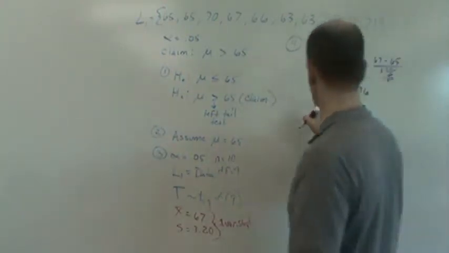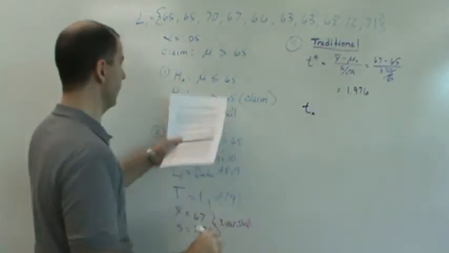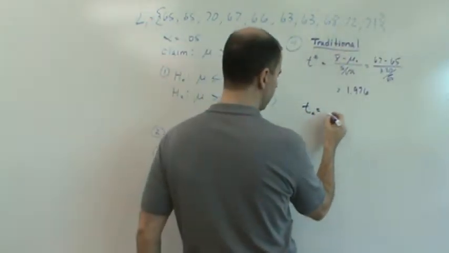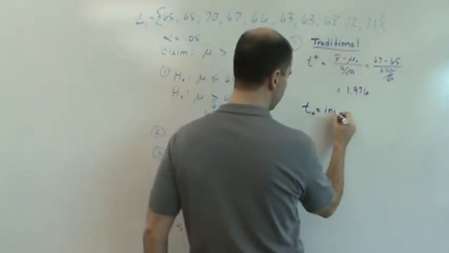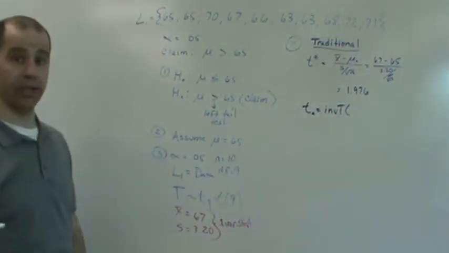Now for the traditional method, I need to find what t alpha is. It's a right-tailed test, so in this case I'm going to use inverse t, and I need the area to the left.